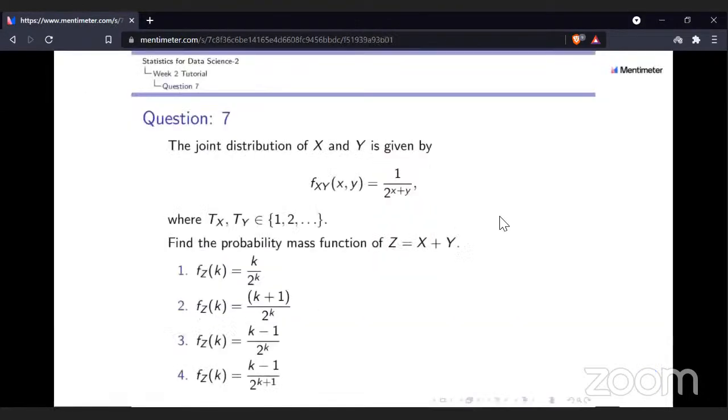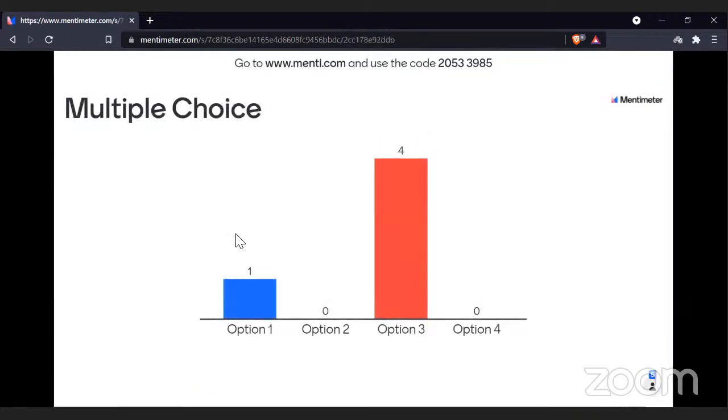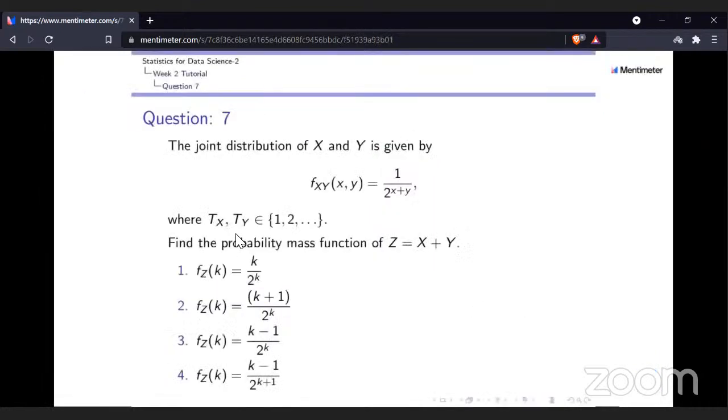Not many people had answered, because the options are not coming in the Menti. It should have come, because some people have already answered. 3 is the answer, correct.